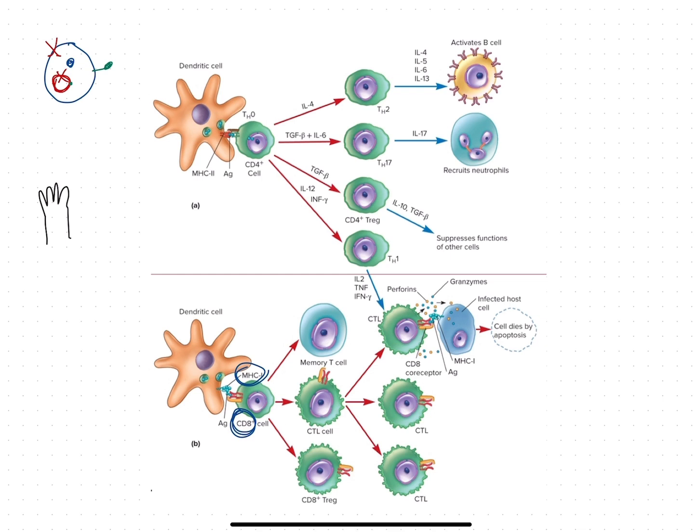What B cells do is that they have antibodies on the outside, and when the antibodies bind to an antigen, they internalize the antigen itself, slice it up, and present it to a T cell. So cells that have MHC2 are B cells, macrophages, and dendritic cells. Dendritic cells are the only cells that have both MHC1 and MHC2.